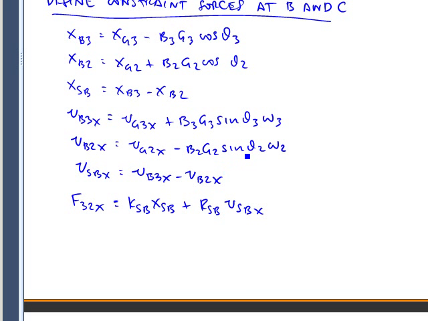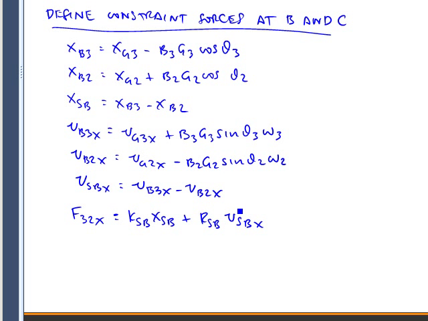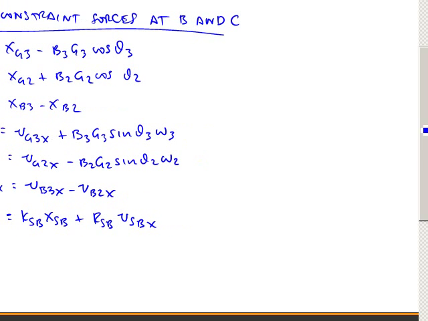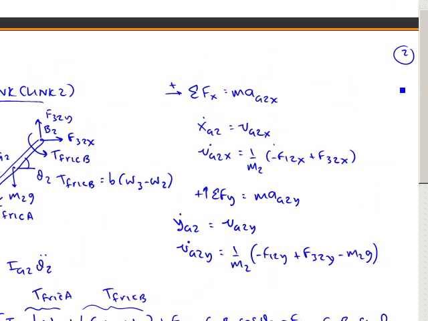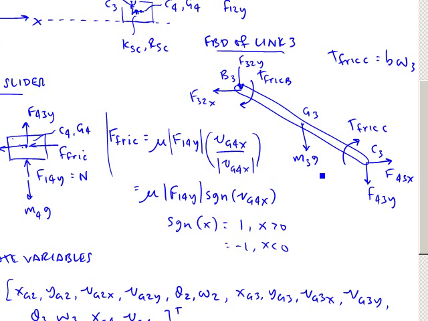Now I can just type the equations in that order in my Matlab function, and after that I can write my Newton's laws, because when the Newton's law equations have F32x in them, the computer will know what that is.